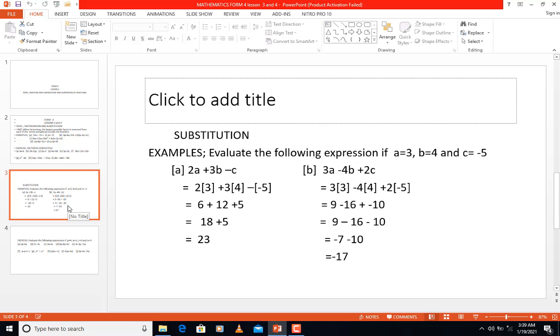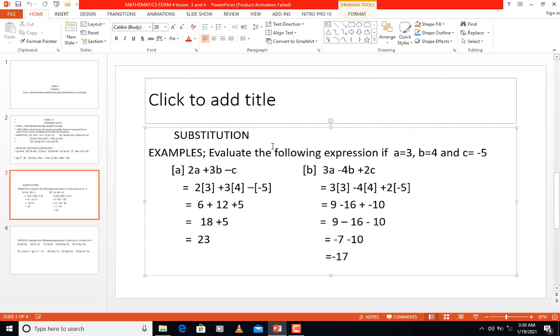Now let's look at how we do substitution. Substitution is when we want to substitute: you are removing either a letter or something and replacing it with another. In an expression, you are given letters with numbers, and you are given the values for those letters.